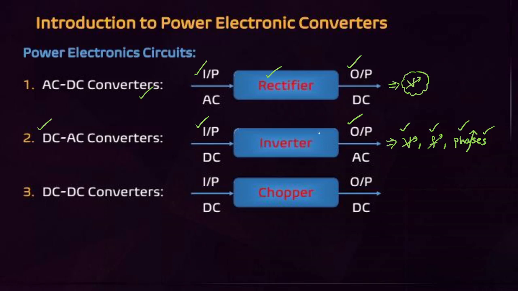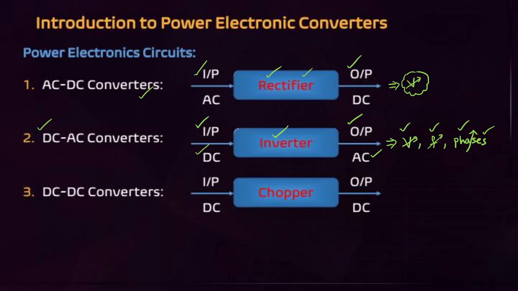The converter which converts DC to AC, the converter which transfers power from DC to AC, is called an inverter. Rectifier is a converter. Even inverter is also a converter. Point to remember, friends: every power electronic circuit is a converter, because converter is the general term used for all the power electronic circuits.